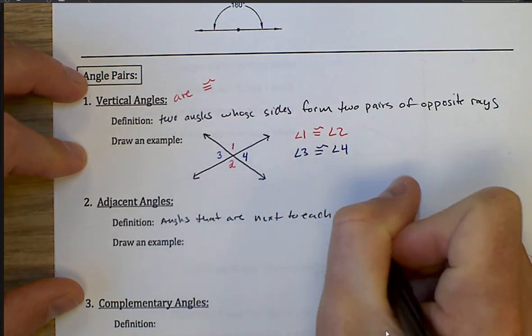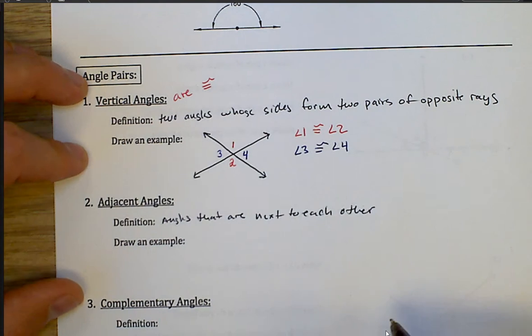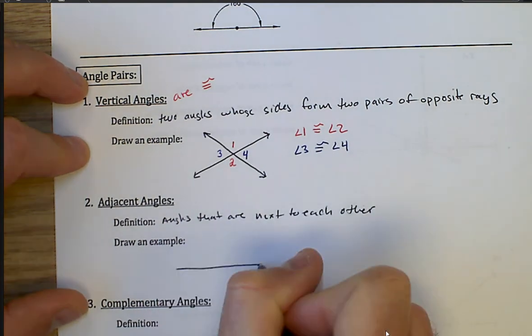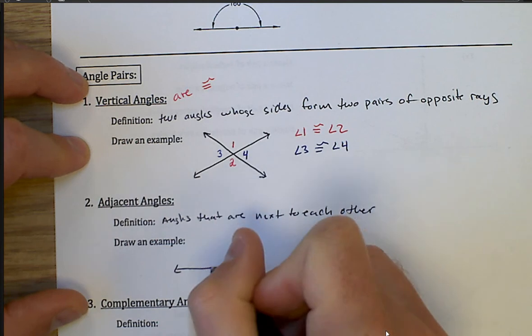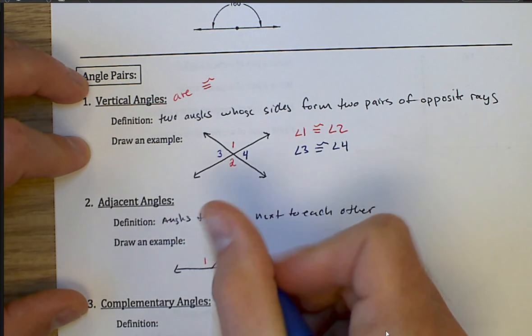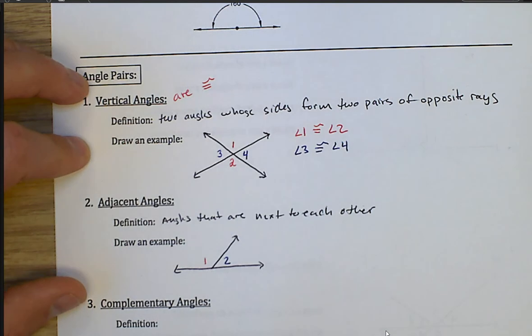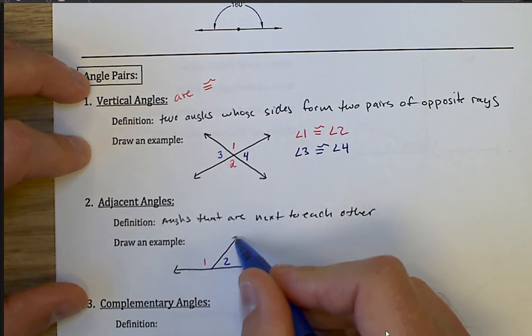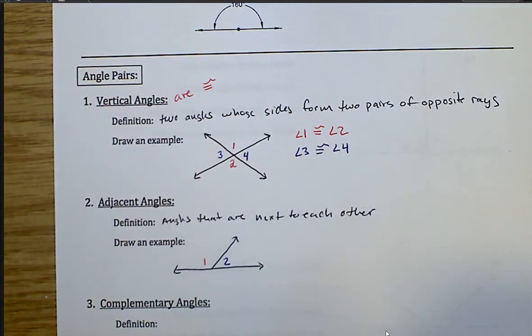Now, I know it's not a real great math definition, but let me draw a couple examples of adjacent angles for you. Okay, I'll put angle 1 and angle 2. Angle 1 and angle 2 are adjacent to each other. They share this ray right here. So we would call those adjacent to each other.